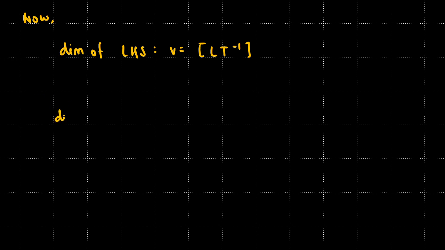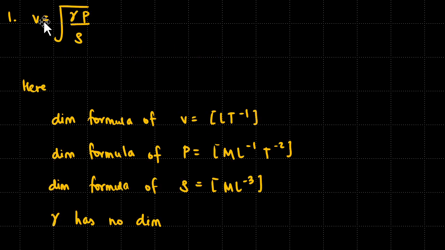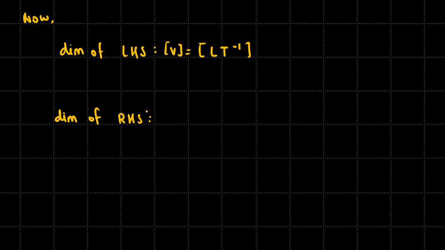And the dimension of RHS is, I forgot to write here dimension, because in the left side there is only V. Okay, so now the dimension of square root gamma P by rho, which is the RHS, can be written as the dimension of gamma, it's nothing.